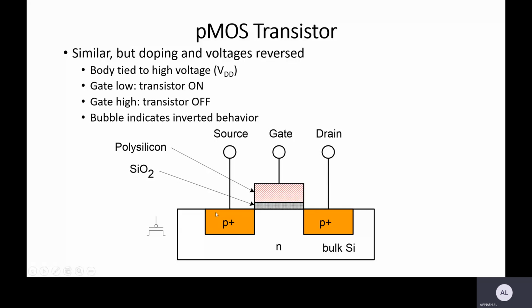In the PMOS, the source and drain are P plus, and the body is N, and between the body and gate there is SiO2, silicon dioxide. You can see the symbol of this PMOS transistor.